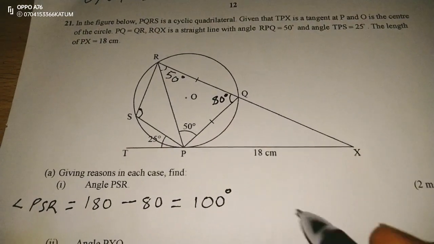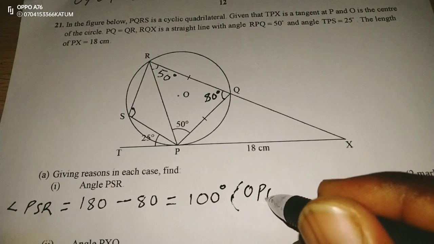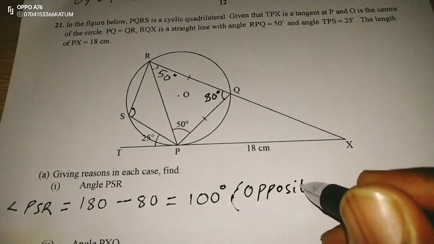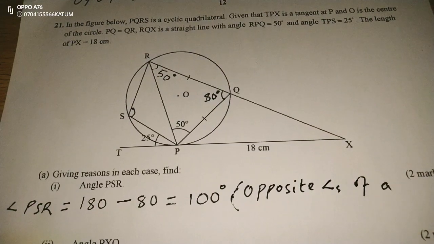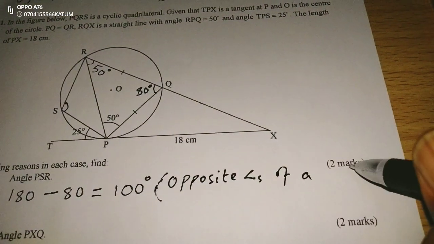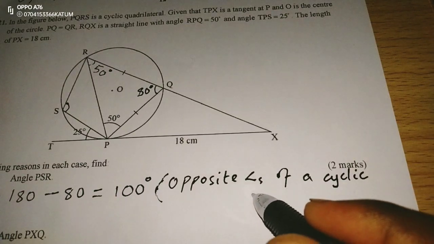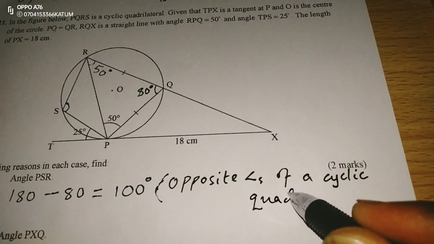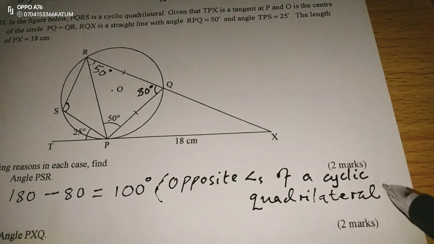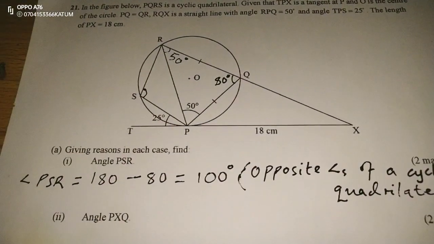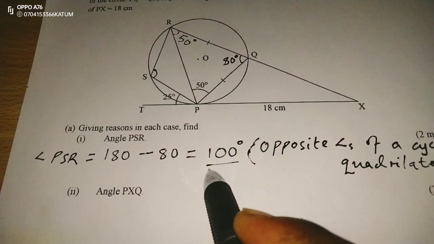So the reason here is opposite angles of a cyclic quadrilateral add up to 180. That is the reason behind our approach.